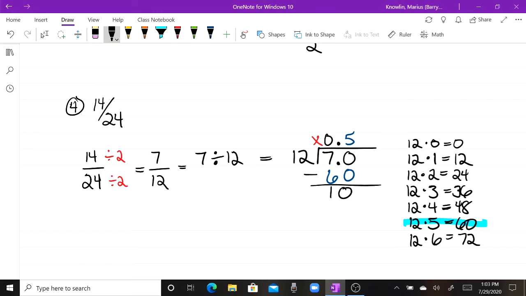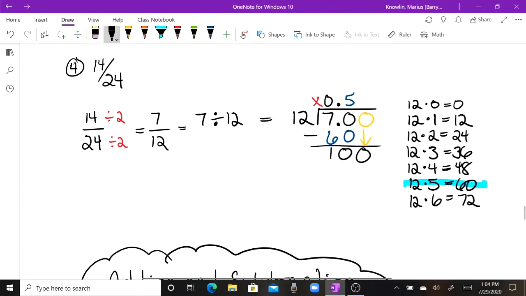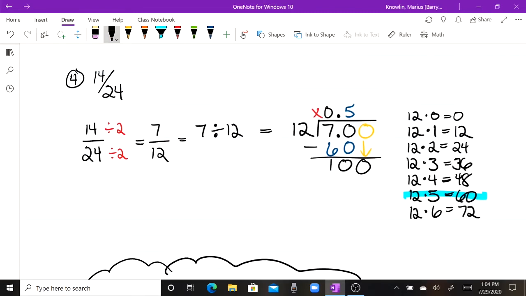We know that 12 can't go into 10, so what are we going to do? We're going to add a 0 and drop it down. So now we want to see how many times 12 goes into 100. We got to keep going. So we do 12 times 7, that's what? 84. 12 times 8 is what? 96.